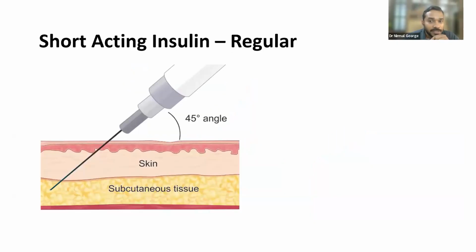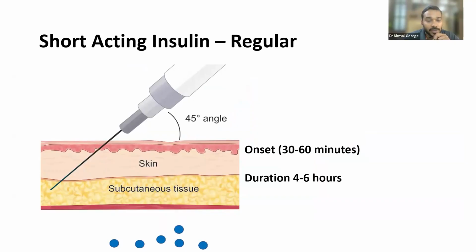When you administer insulin, it will form hexamers in the subcutaneous tissue around the zinc. After some time, this will dissociate and it will get absorbed into the systemic circulation. The onset is 30 to 60 minutes, the duration is around 4 to 6 hours, and it is ideally given 30 minutes before the meal.